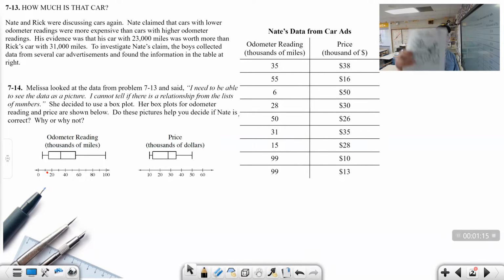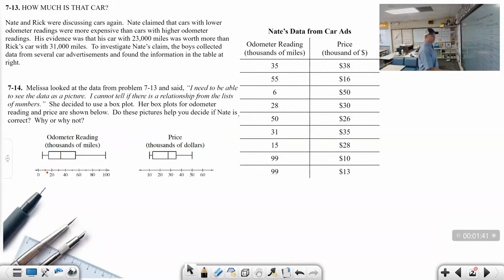So you should have a new math notebook, Chapter 7. The first page I want you to notice is Lesson 7.1.2. And we are going to be starting with 7-13. How much is that car? Nate and Rick were discussing cars again. Nate claimed that cars with lower odometer readings were more expensive than cars with higher odometer readings.